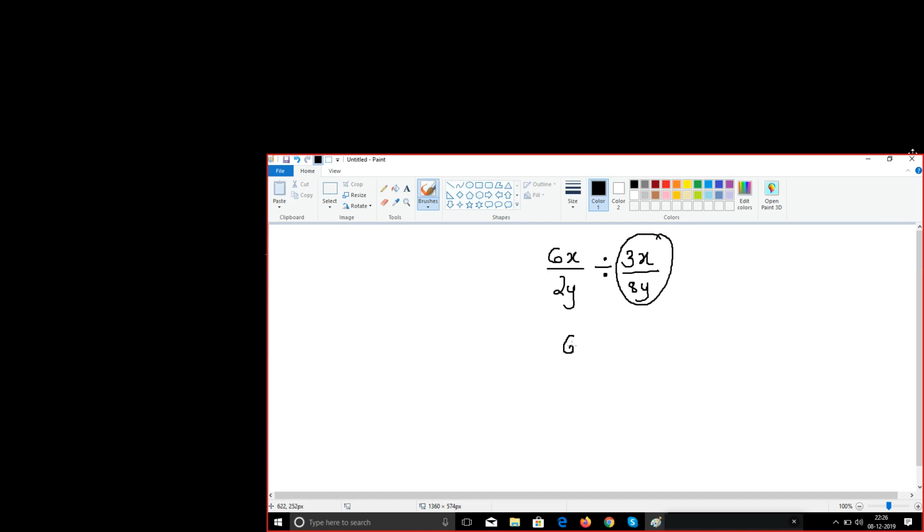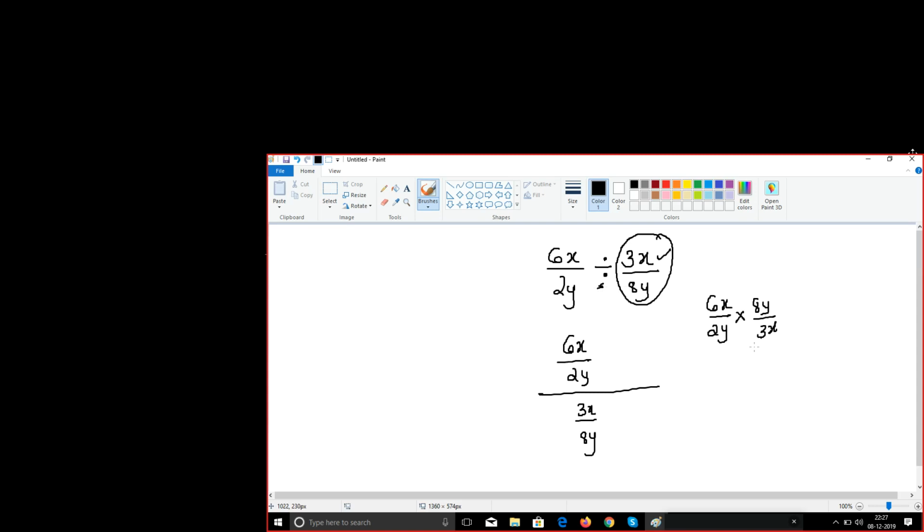Actually we write it like this, 3x over 8y. So whatever is in the denominator gets reciprocal. So it's finally 6x over 2y multiplied by 8y over 3x. Is this clear? It gets reciprocal, and in place of division, it's a multiplication.